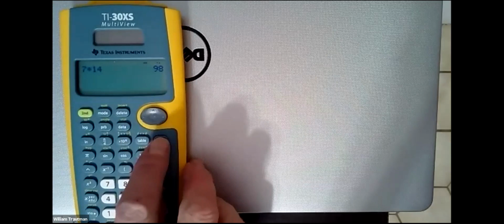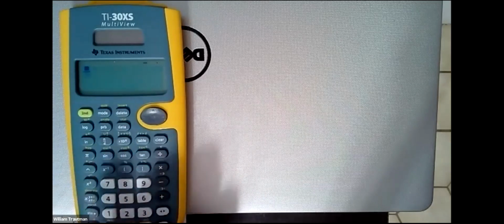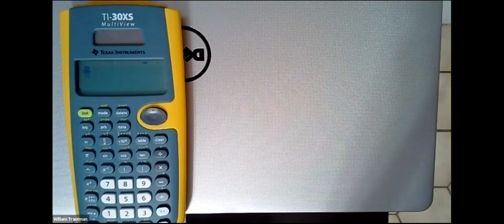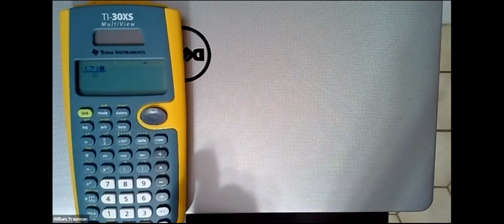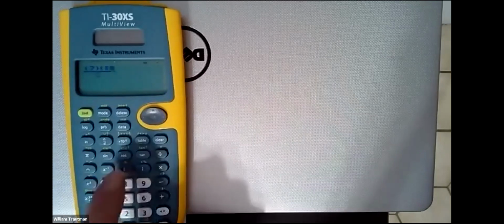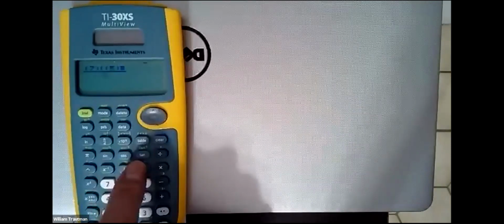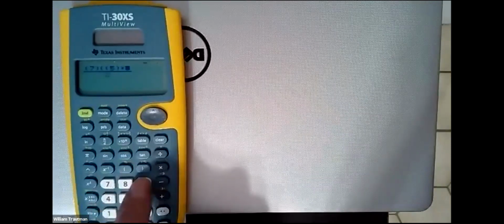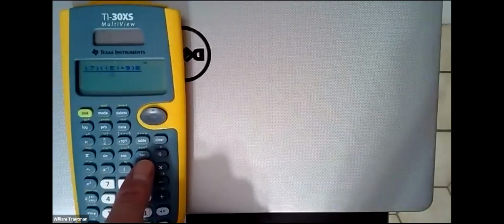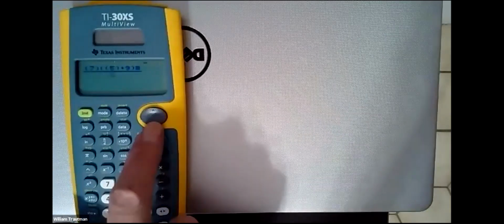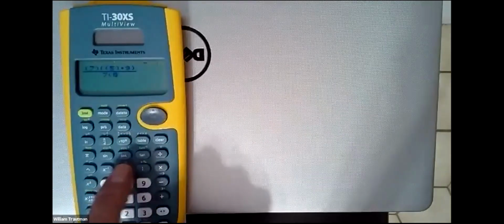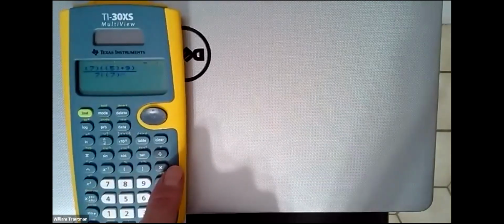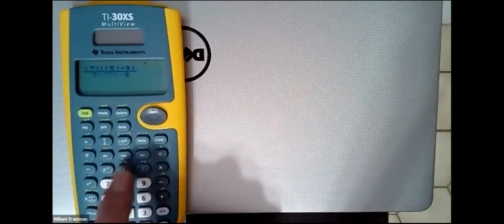Let's see what we have here. First we have a fraction. I hit the fraction first. Then I had parentheses 7, and then another parentheses, 5 plus 9, close parentheses. Then I went to the bottom and did 7 parentheses with a parentheses 7, minus parentheses 5.